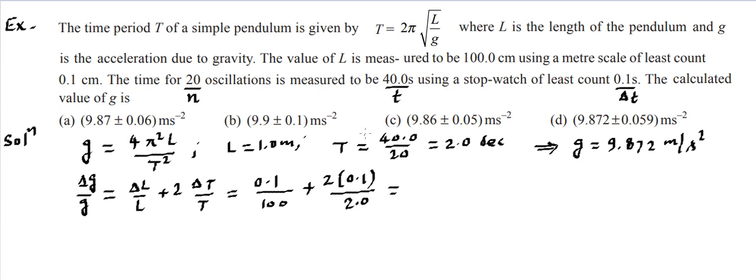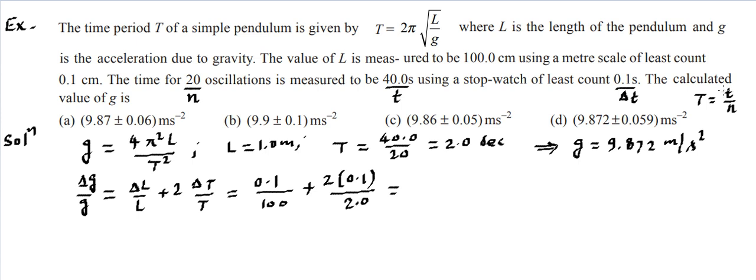Hence we can write the time period. The time period we are using will be written as total time divided by total number of oscillations. Now the difference you are going to get is that n has no error, that means n is error free, because these 20 oscillations are perfect 20. The error is coming on the small t.